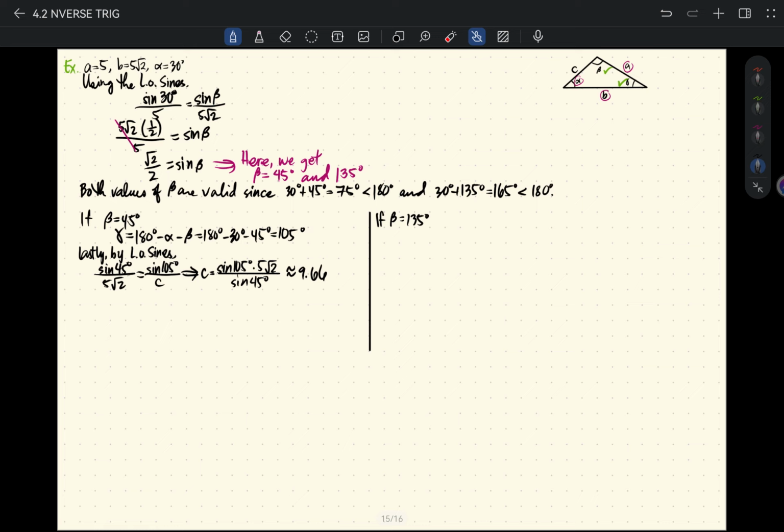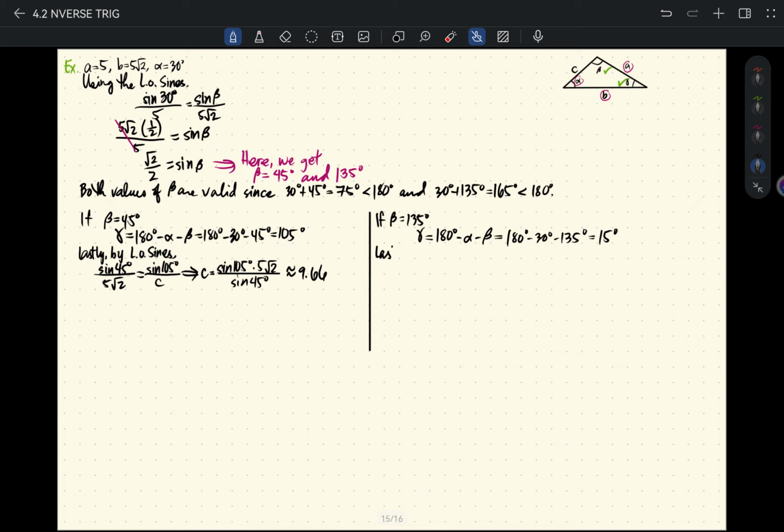Okay, so we're done in the beta equals 45 degrees case. Now, let's proceed to beta equals 135 degrees. So, same thing, gamma is 180 degrees minus alpha minus beta, that's 180 degrees minus 30 degrees minus 135 degrees, giving us gamma equals 15 degrees.